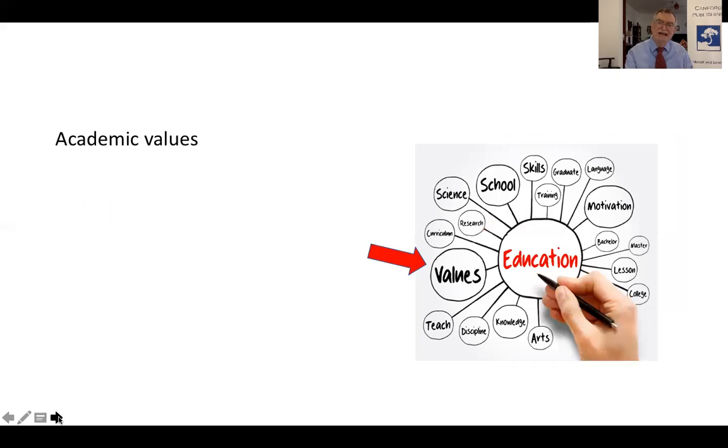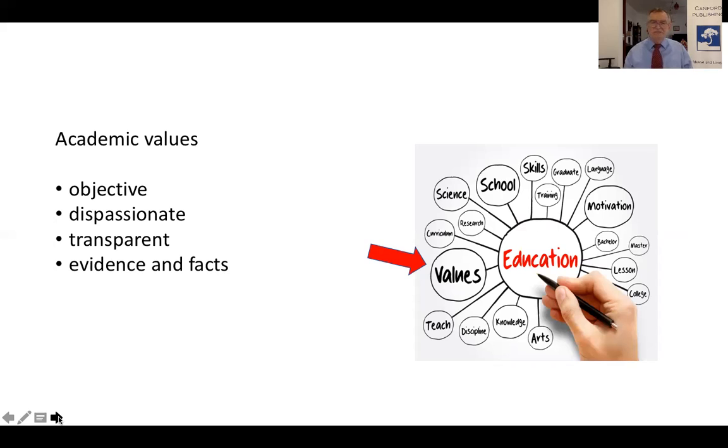So contrast that with what we're trying to do in education, or what I've called academic values in the broadest sense. We want students to be objective, dispassionate. That doesn't mean they shouldn't be passionate about issues, but they shouldn't let the passion disrupt their judgment.